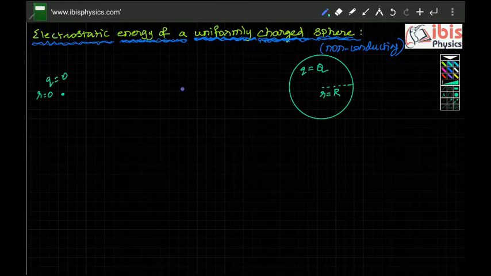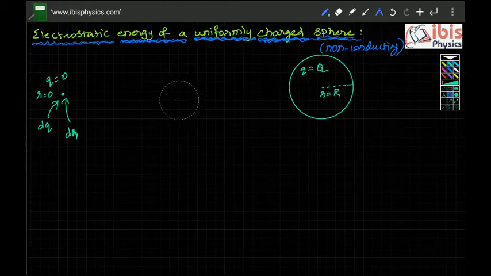As you are building charge, you are also building the sphere. In doing so, you will keep on adding dq. When you go from 0 charge to this charge, you will keep adding dq amount of charge. You will also be keeping on adding dr thickness. I will show you an intermediate step. After a while, you will find yourself having a small sphere of radius r.